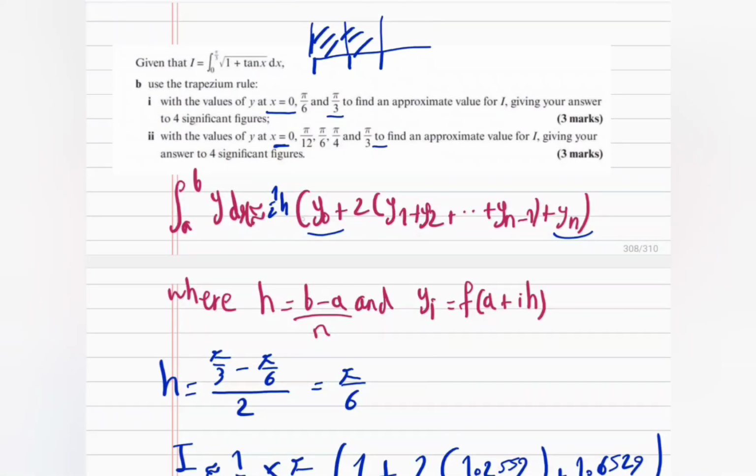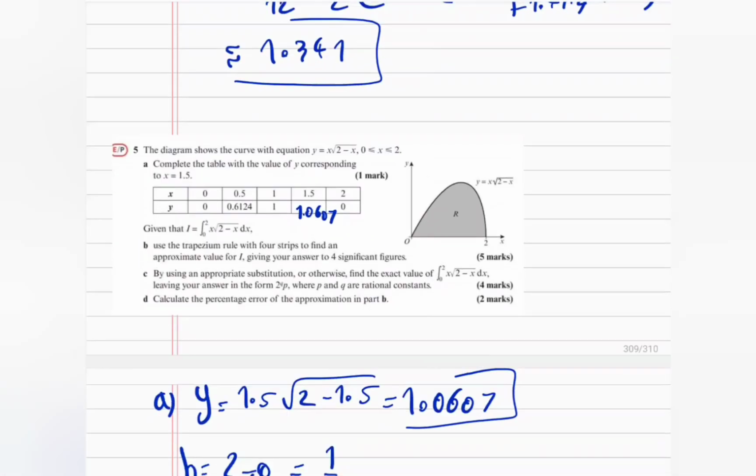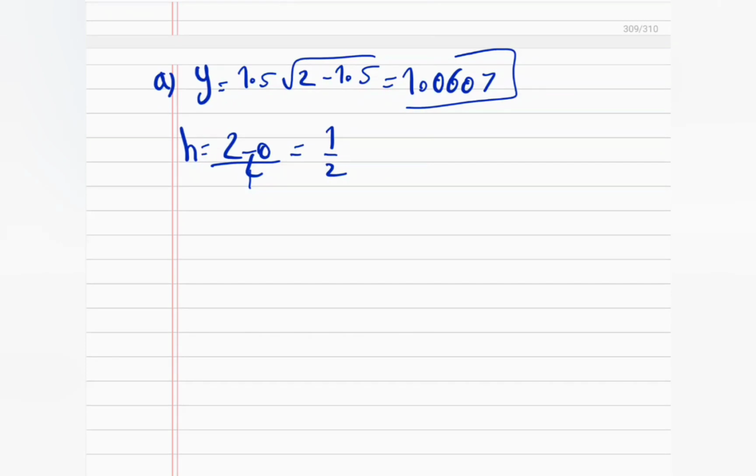So the formula is half h, times the first and the last y's, plus 2 times the sum of all the y's in between the first and last one. So that means we'll have this integral essentially.